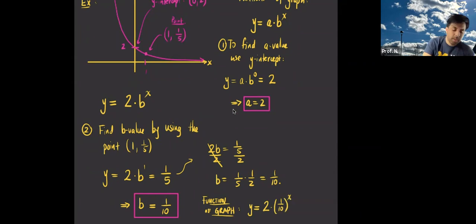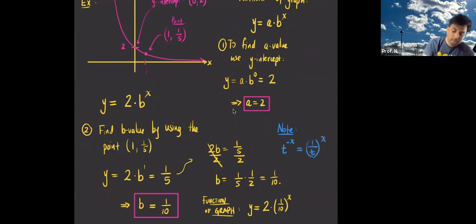Now I want to note something, okay? I want to note something. Let me use another letter. t to the negative x is also written as 1/t to the x.